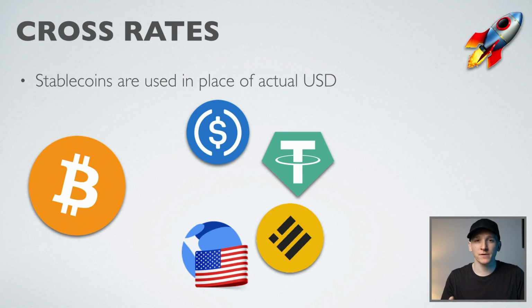They obviously represent the US dollar in the crypto world, right? So US dollar isn't a cryptocurrency, and so it can't exist on blockchains, which obviously limits its use. Yes, you can use US dollar on centralized crypto exchanges, but you cannot use US dollar on any blockchains specifically. So that is why we have stable coins, to facilitate US dollar on blockchains.